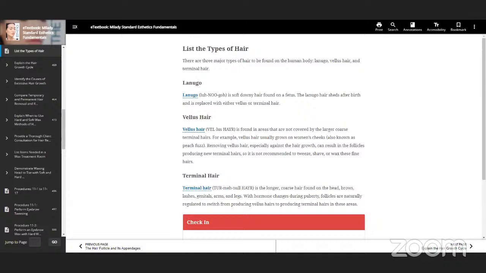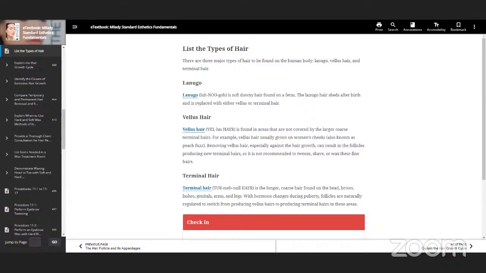But this is the part I want you to check out. It says removing vellus hair, especially against the hair growth. So if you're going to remove vellus hair, wax, or do a dermaplane, you should remove it in the direction of what? The hair growth.